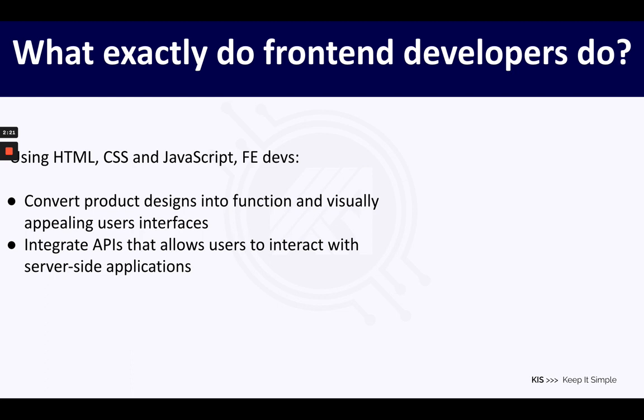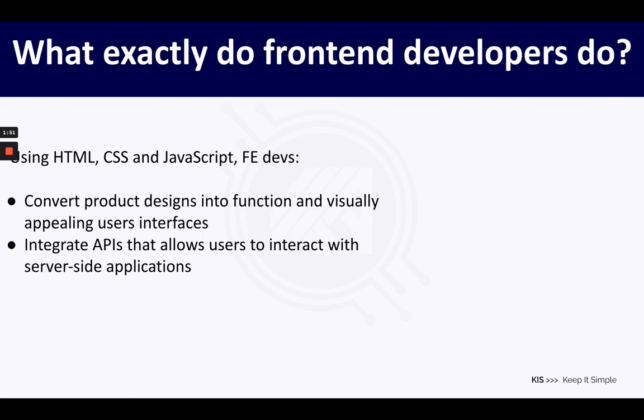Think of design as a prototype, which is produced by the product designers. Usually we call them the UI UX designers. This design often comes in the form of Figma. Figma is a tool for creating interfaces, creating designs of applications.